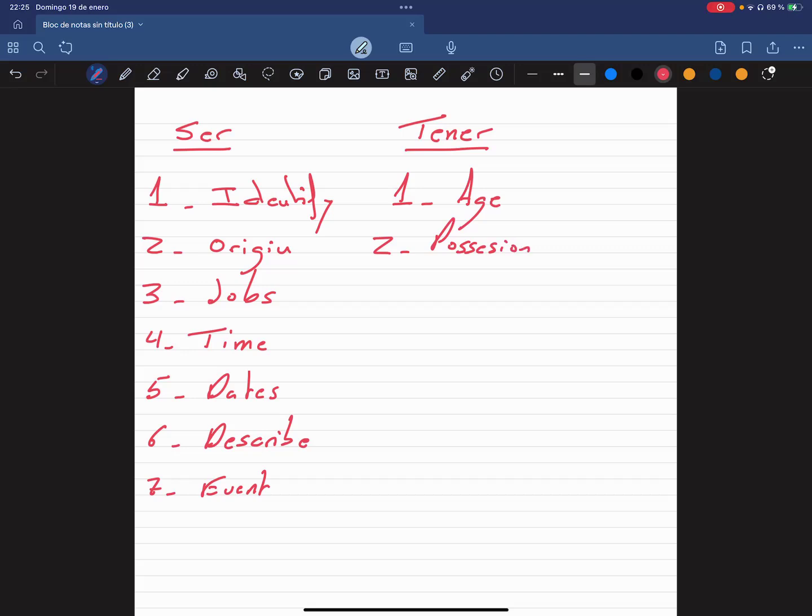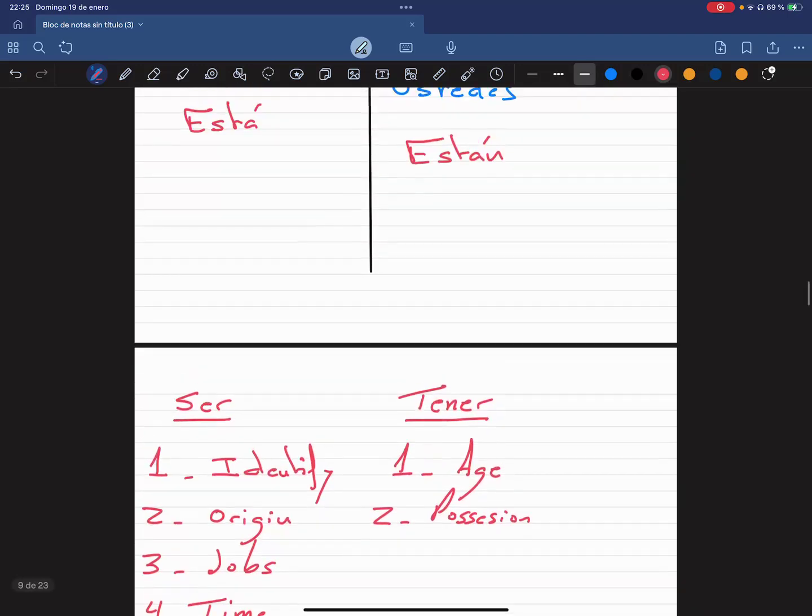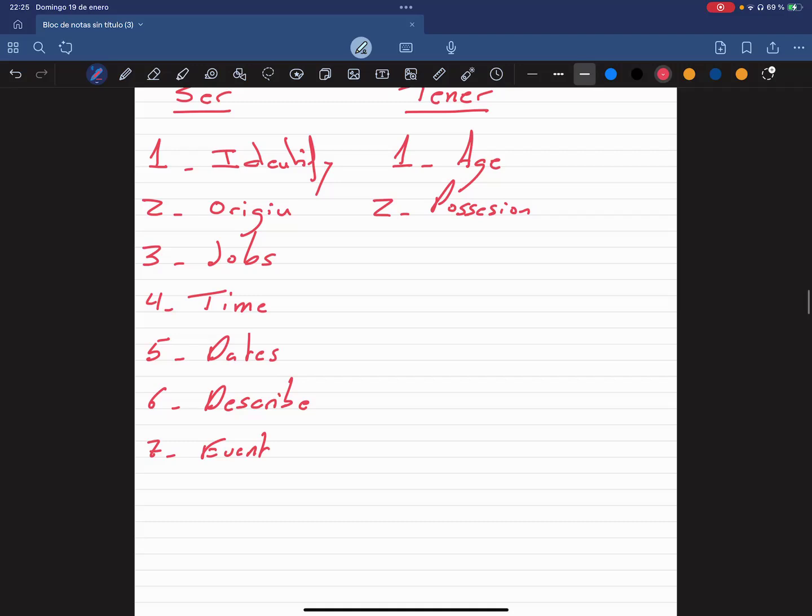Like in English, I have this, I have that, I have a house. We also use it to talk about duty or obligation using tener que immediately followed by another verb, and of course conjugating this tener, yo tengo que, and whatever you have to do.